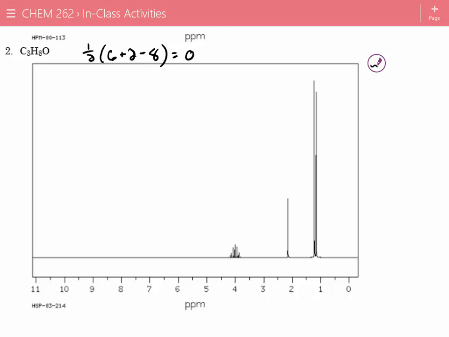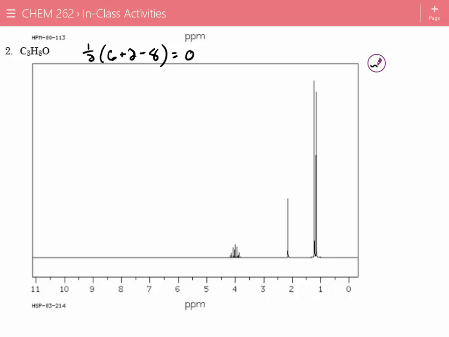It looks like we've got what sort of peak around 4? It's a little hard to tell sometimes with these, but if you look at that center peak, it's got to be either a pentet, split into 5, or split into 7, because it's unsymmetric.